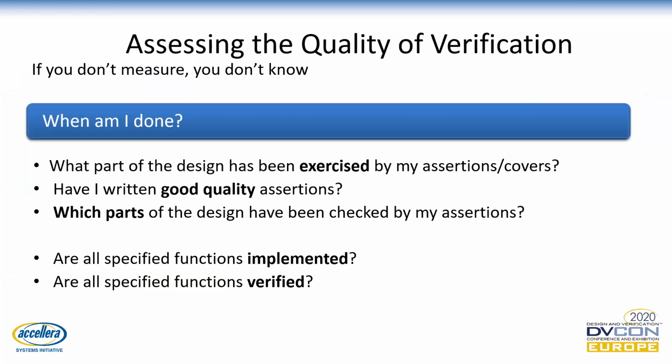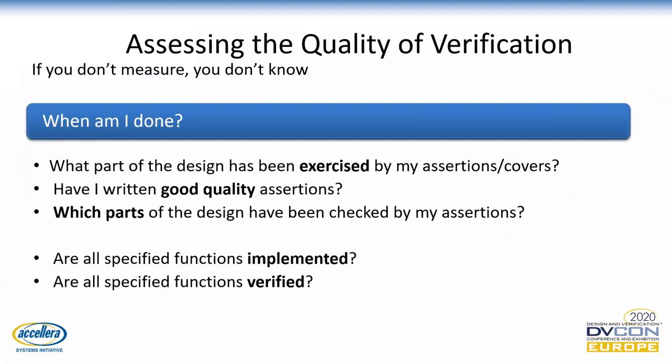So assessing the quality of the verification needs a good tool, and while we are assessing the quality of the verification flow process, we need to answer the question: when are we done? Basically, we need some sort of metrics in order to assess, and if we don't have this, then we don't know, and we can be redundant and so on.